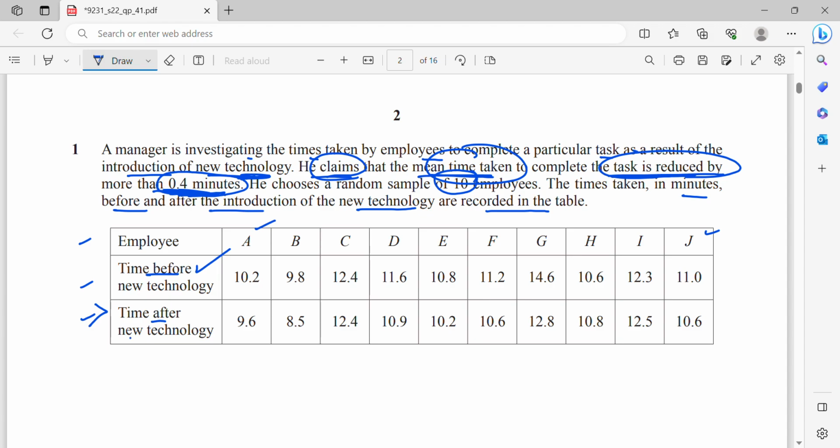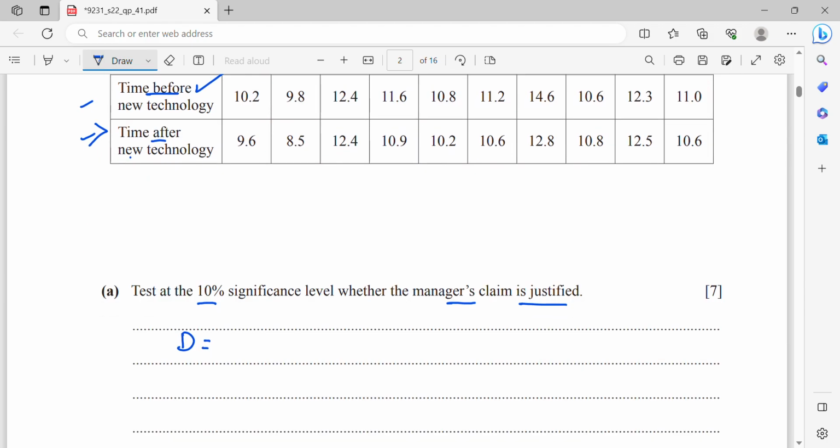So that means I will define my D as before minus after. So my D is basically time before new technology minus time after new technology.